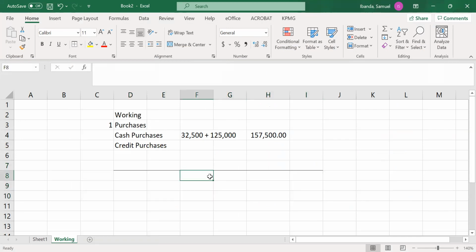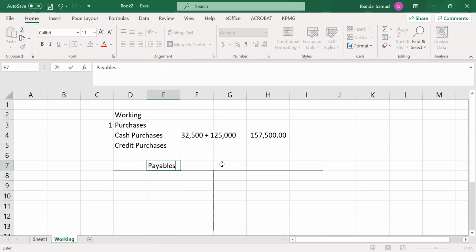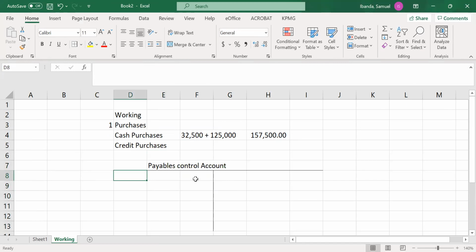So this account is, like I said, a control account. And for this matter, let's call it a payables control account. It more or less works like a payables account, but you're going to see the details that are in it.